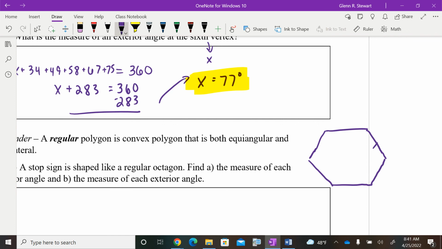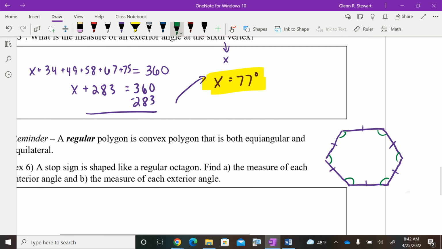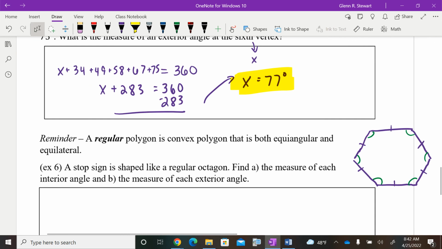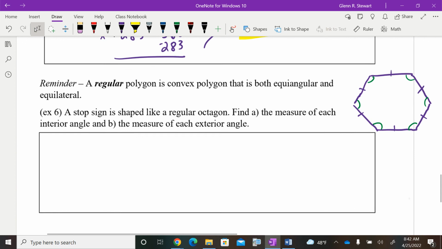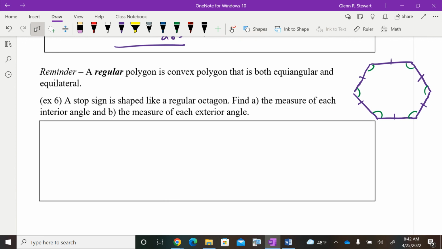These are the markings to say that all sides are the same, and we would also have markings to say that all angles were the same measure. So if one angle is X, then all angles are X. If one side is X, then all sides are X. A stop sign is shaped like a regular octagon. I know that most of you probably don't drive by now, but you'll be seeing a stop sign soon enough.